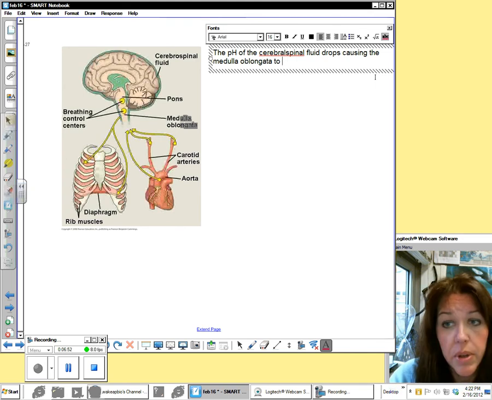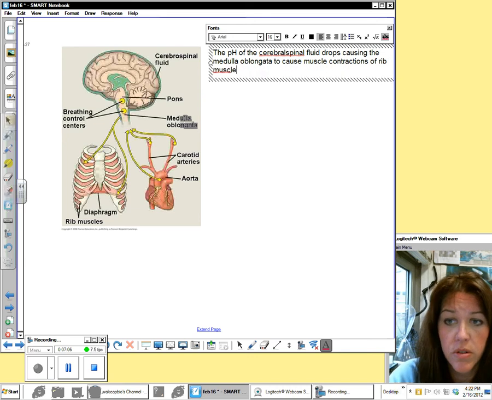Causing the medulla oblongata to cause muscle contraction, not of the legs, of rib muscles and the diaphragm. Period.